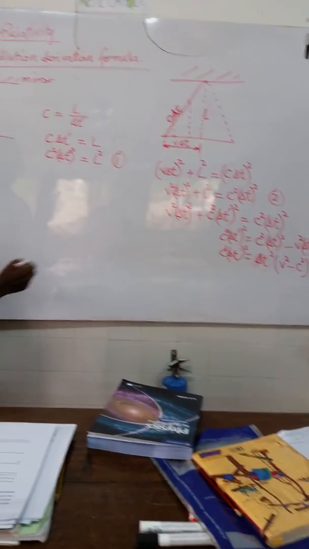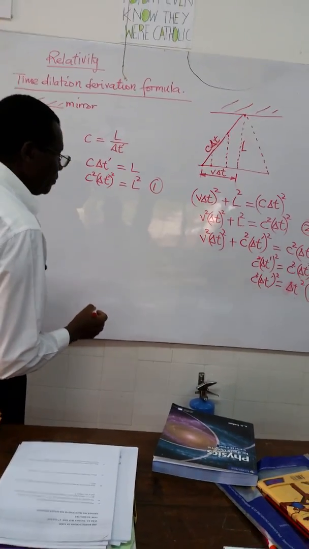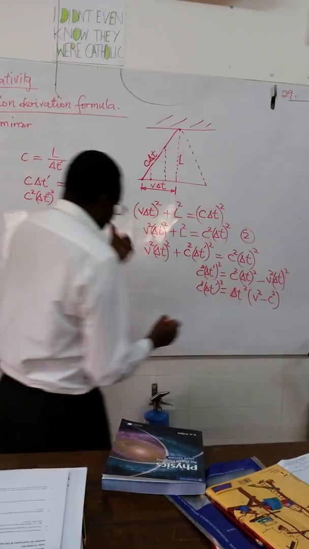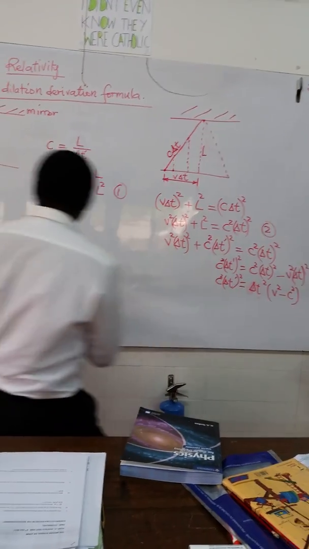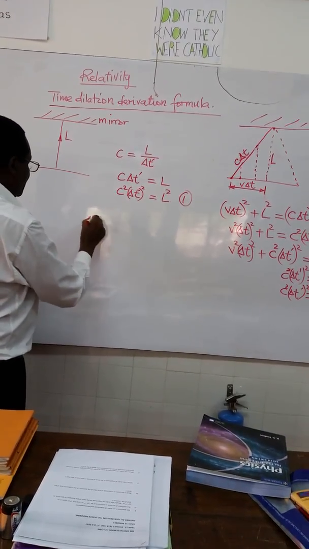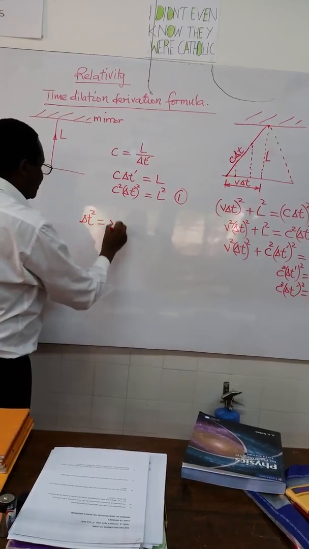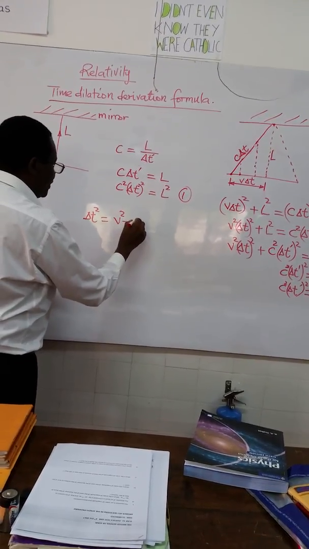So from there we can now work out a formula. Quickly we can see that change in t squared is equal to, I'm just bringing what is there to this place, to this spot.